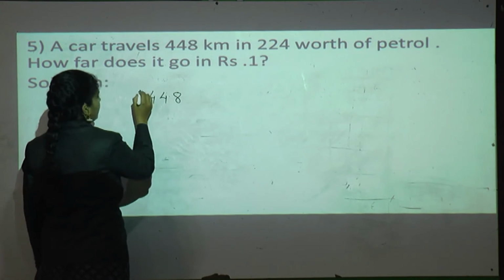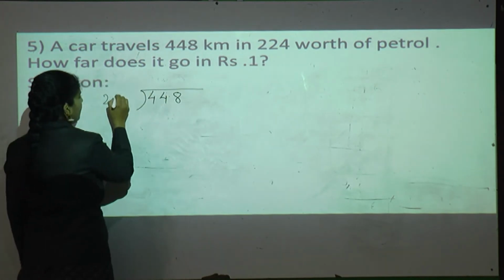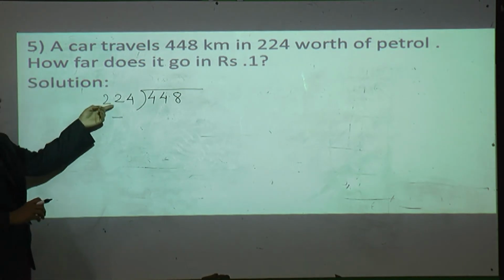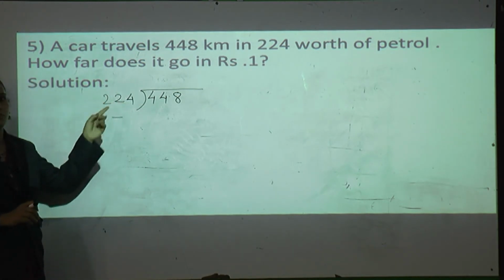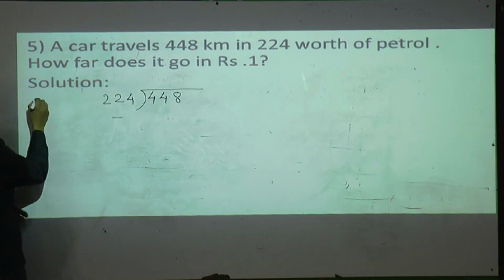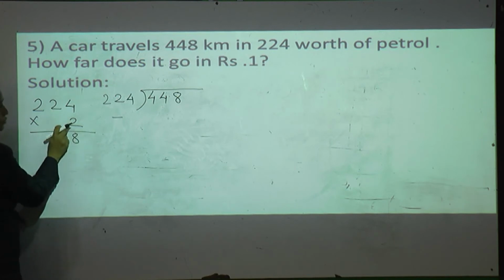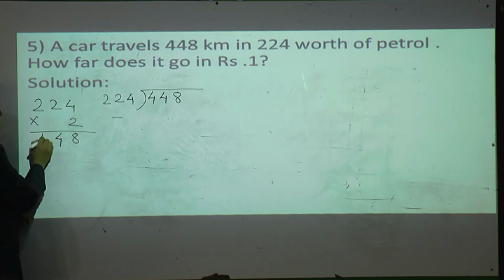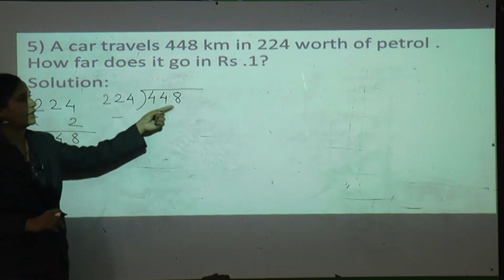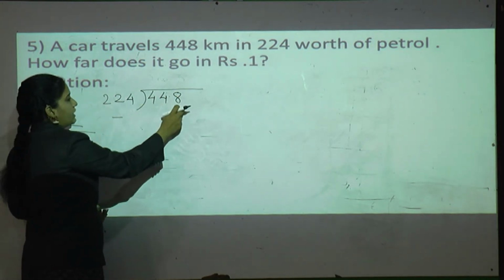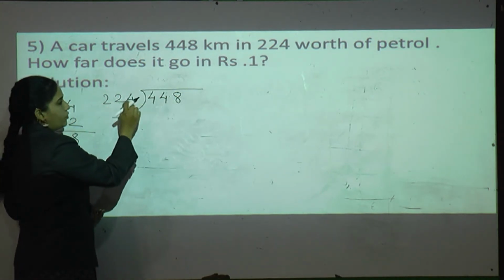448 divided by 224. See students, if we multiply 224 by 2, see, 4 2s are 8, 2 2s are 4, and these 2 2s are also 4. So we will get 448. That means we can divide 448 by 224 directly.